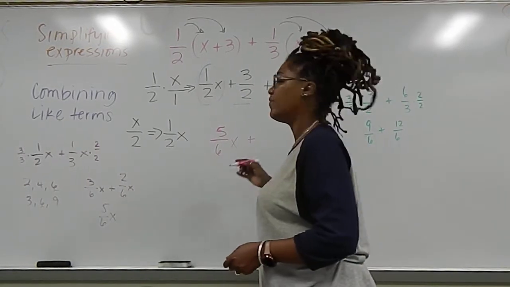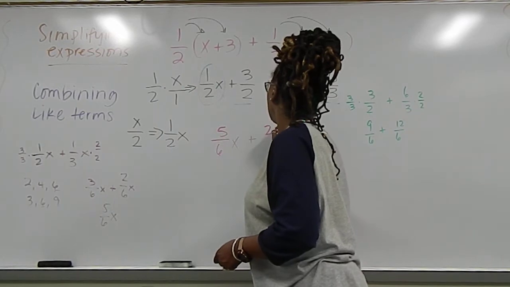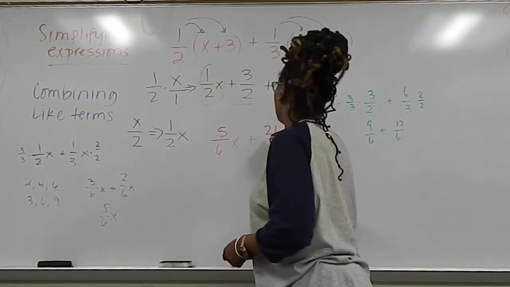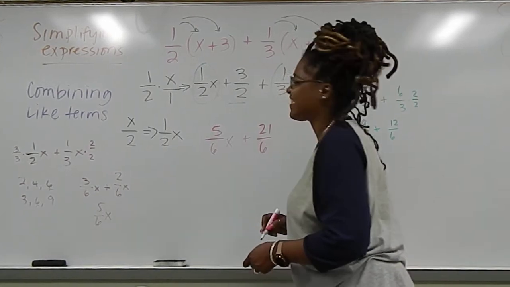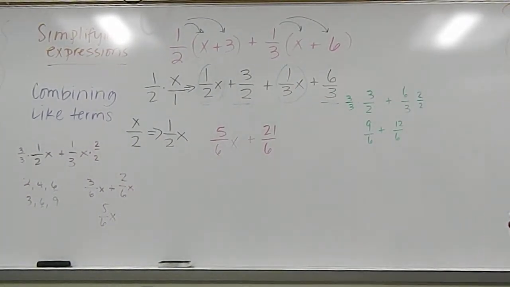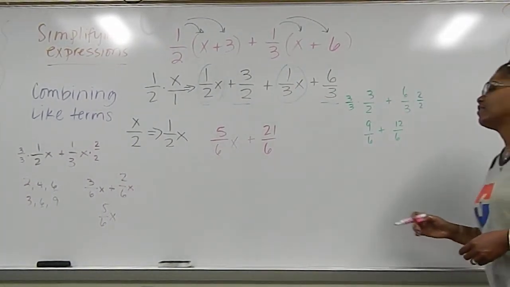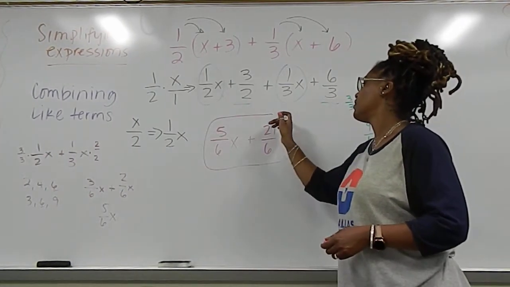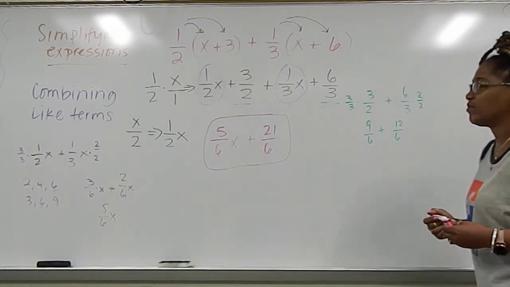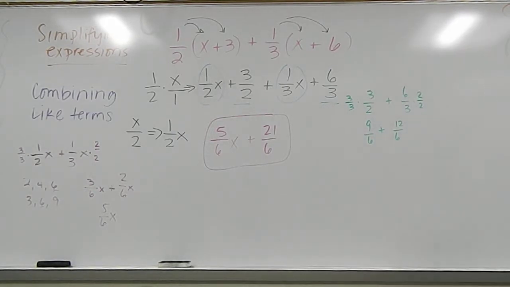What's 9 and 12? 21. Is that 21? Over 6. That is your simplified expression. Improper fractions are fine unless you can reduce them.